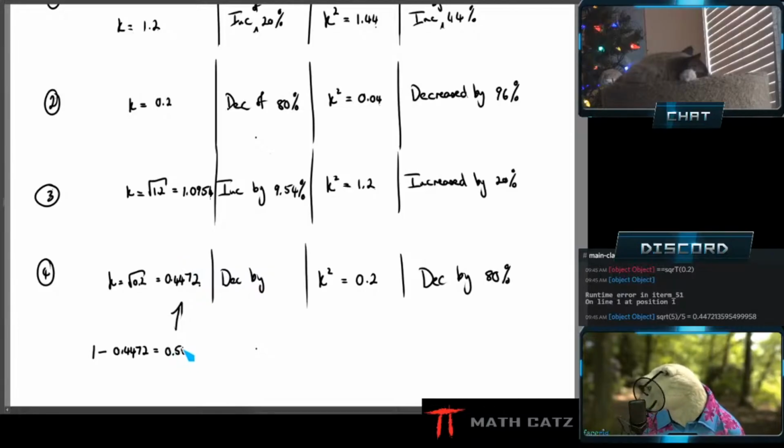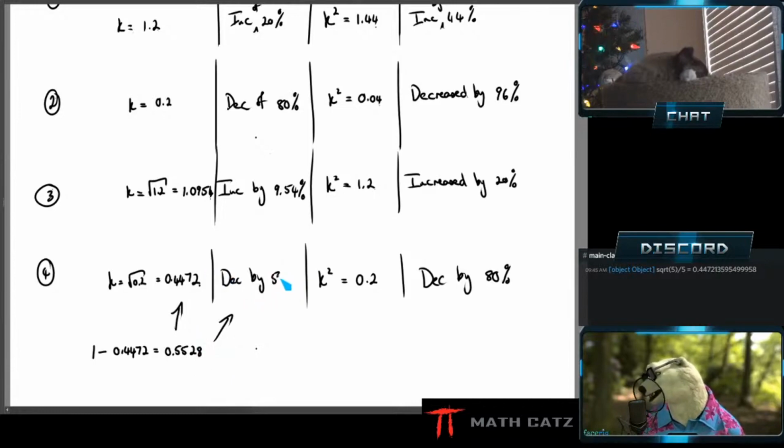It'll be 0.5528, right? So that then tells me I just need to convert this to get the change percentage, 55.28%. Yes, the new lengths are 44.72% of the original. They decreased by 55.28%. There's a difference in those two interpretation sentences, right?